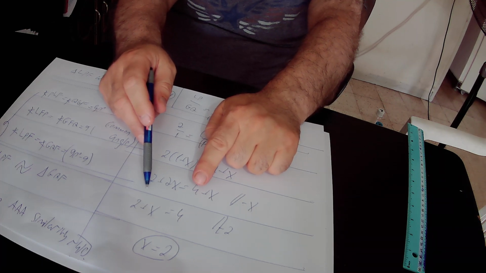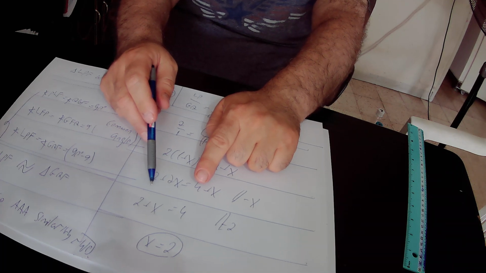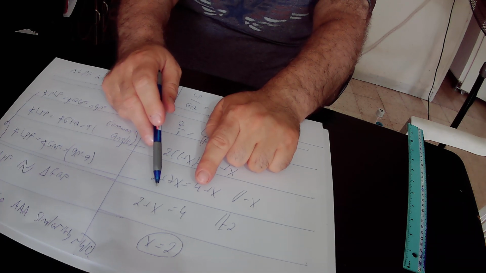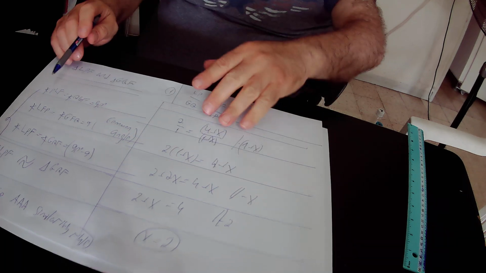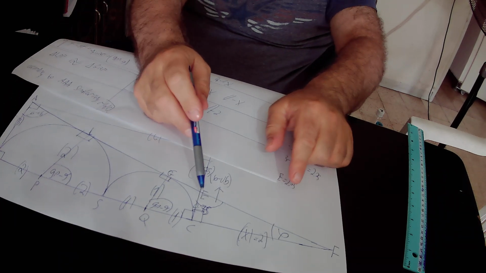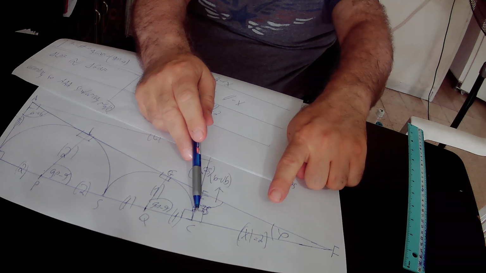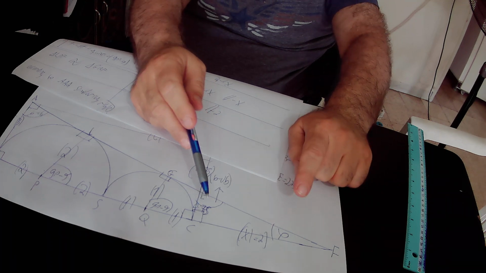We subtracted 2 from both sides and finally found that x equals 4 minus 2, that is 2. So the missing side CF is equal to x, which is equal to 2 units.